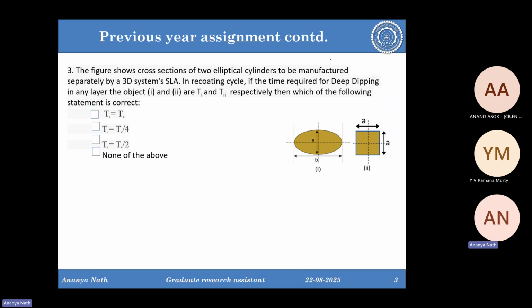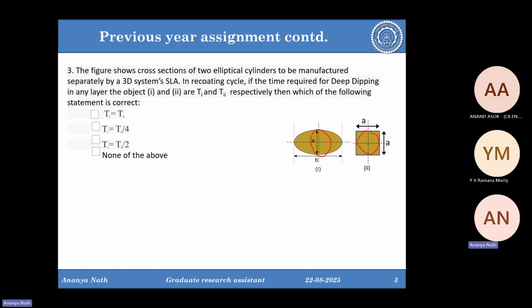When the question is related to the time of deep dipping, there is one term called critical radius of the geometry. Critical radius of a geometry means the biggest circle that you can draw inside any geometry.